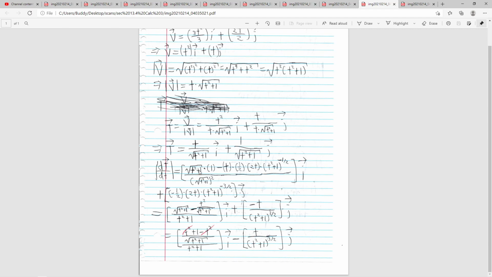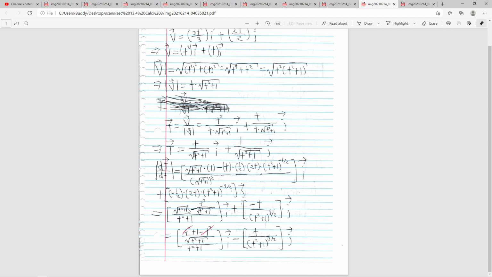So it's square root of t squared plus 1 minus this whole thing: t times 1/2 times 2t times t squared plus 1 to the negative 1/2 power, and you have it divided by t squared plus 1. So that simplifies down to negative t squared over square root of t squared plus 1. We give them the same denominator like before in another problem. We've done all these techniques before and they're being combined in different ways now.